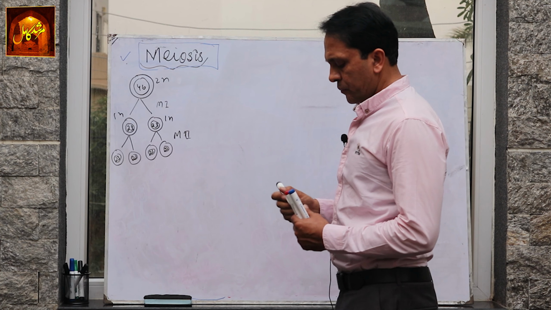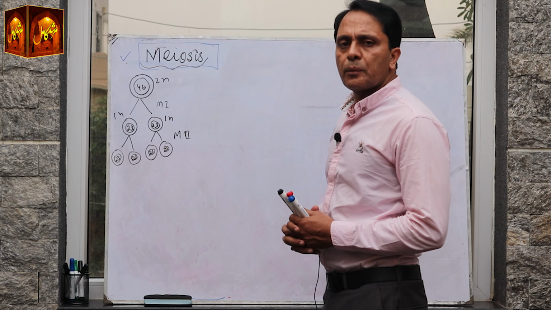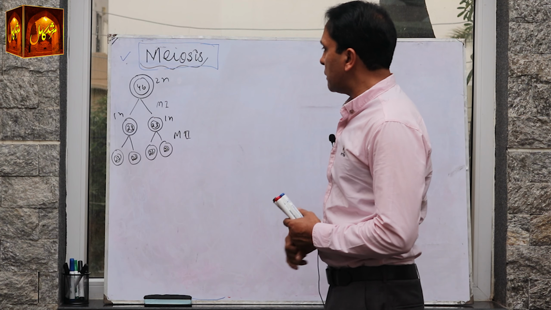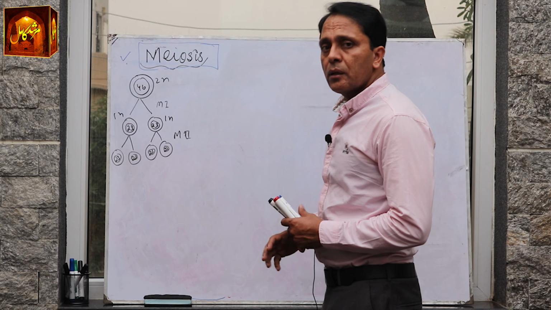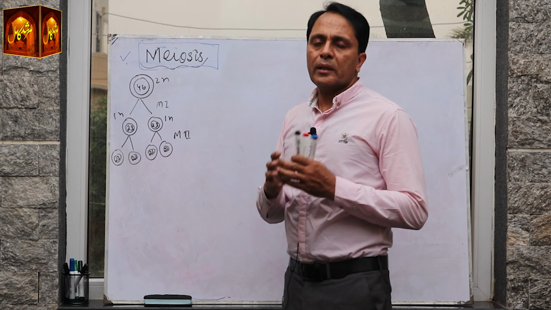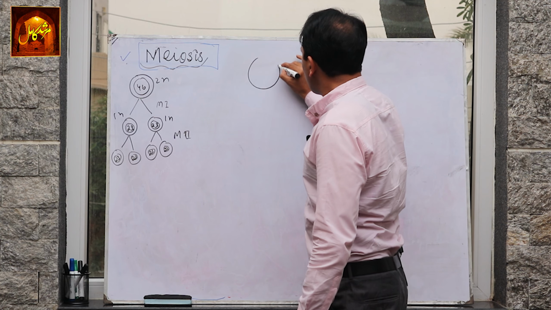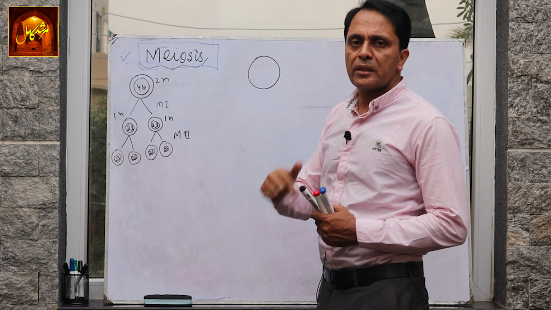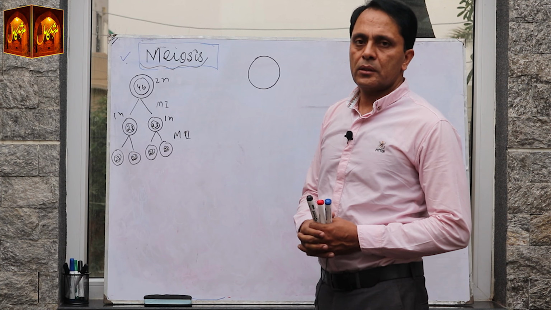So let's see. As previously we discussed the process of spermatogenesis, what happened over there, how this process of meiosis took place. We discussed its different phases, but let me tell you some very interesting information I want to share with you. We will talk about the spermatogonium cell, which enters the process of spermatogenesis.